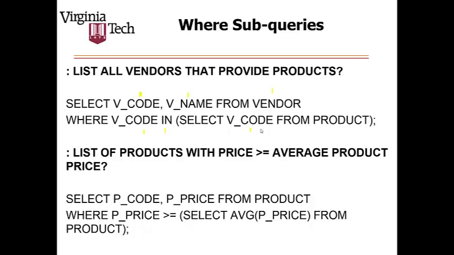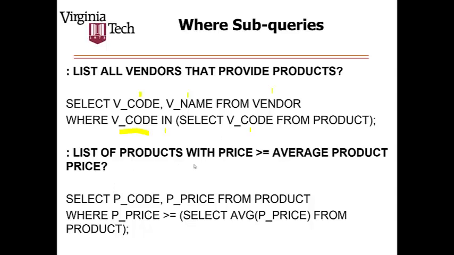So this is just going to give us a list of all V codes that are in the product table, the foreign key. This is a list of the foreign keys, and this is the value of the primary key. Right? So we're saying, show me the code and the name for all the vendors that have products.